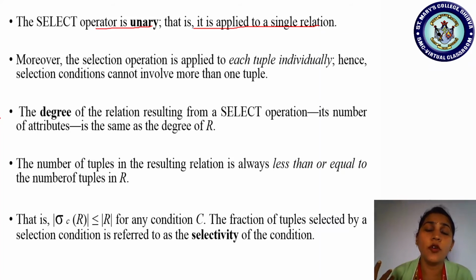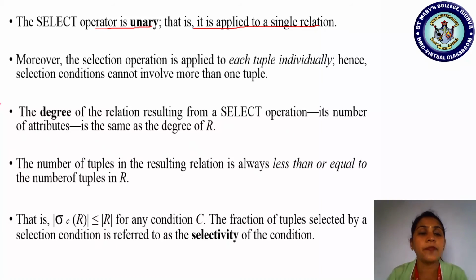Whenever output has to be displayed by satisfying a condition, the select operator is going to test each and every tuple in the relation. It cannot apply to a group of tuples. It cannot test the condition for a set of tuples. It has to test whether the condition is satisfied by verifying each tuple.